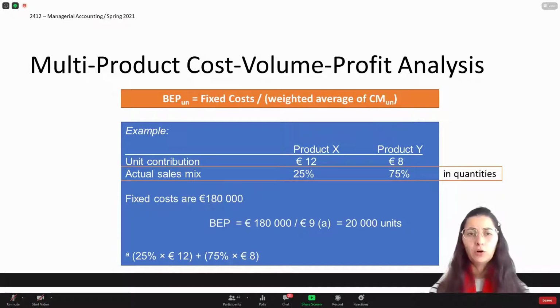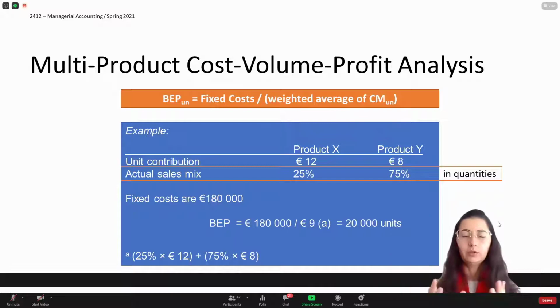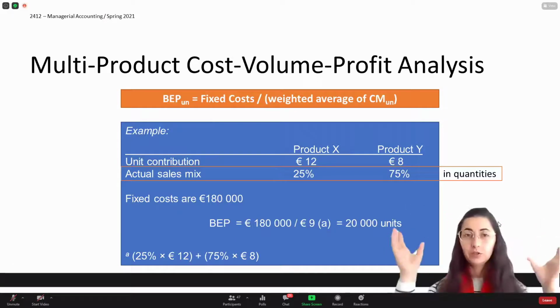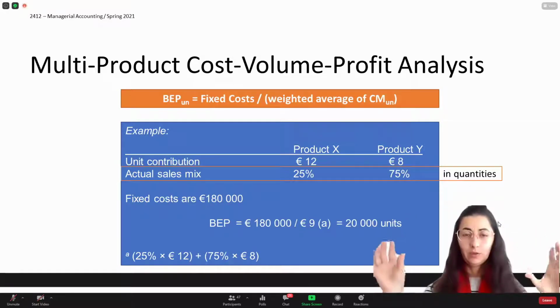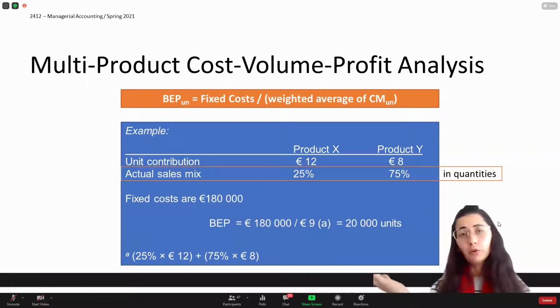Fixed costs normally are not per product. We have fixed costs in total. The factory produces a lot of products, so the total fixed costs in the factory and in the whole organization, including administrative, selling, etc., are for all products.